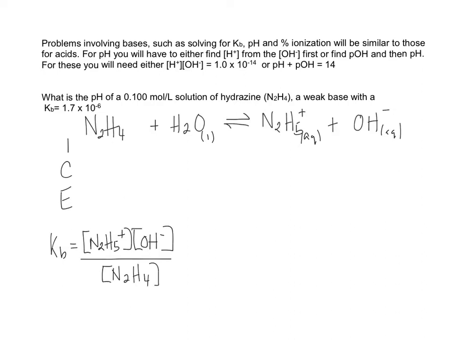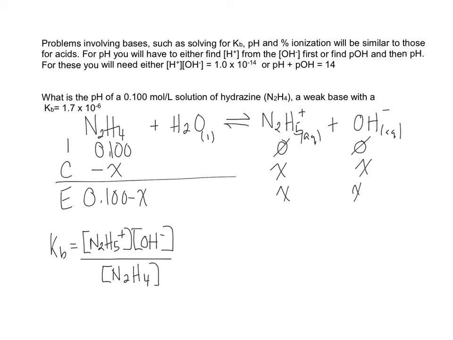So initially we have 0.1 mole per liter of our base, no product yet. They go through a change, so the coefficient times x. So then we have 0.1 minus x, x, and x for our Kb expression.